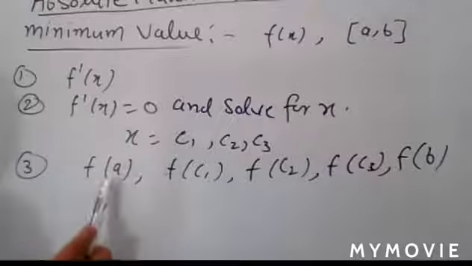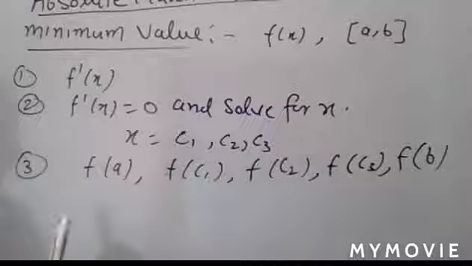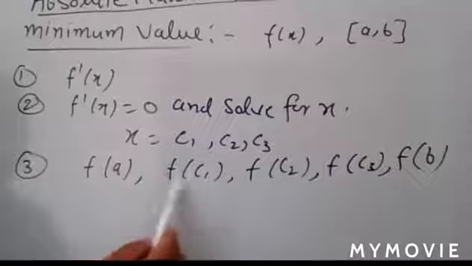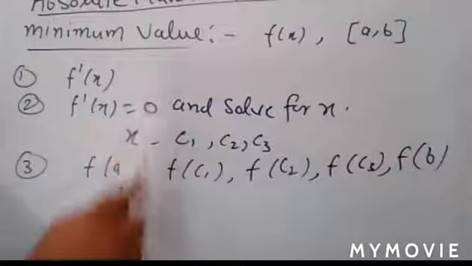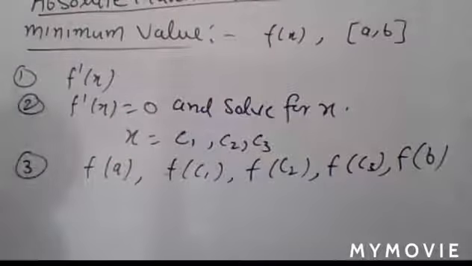The greatest value out of all these function values is known as the absolute maximum value, and the minimum value is known as the absolute minimum value. Getting everyone? Okay. I think you have noted all these things, now solve questions based on it.